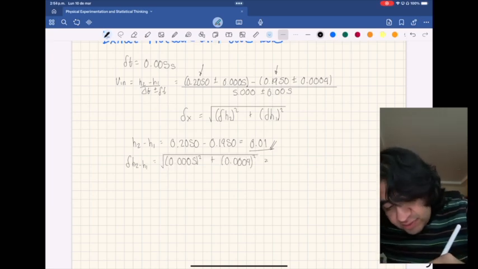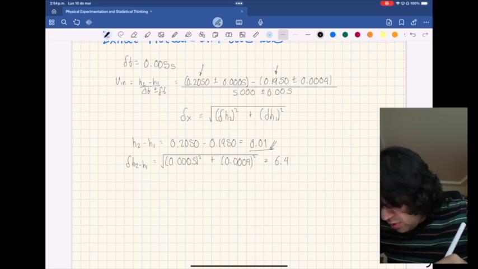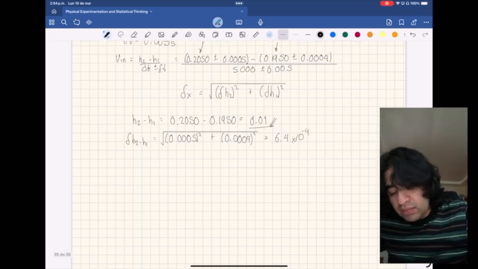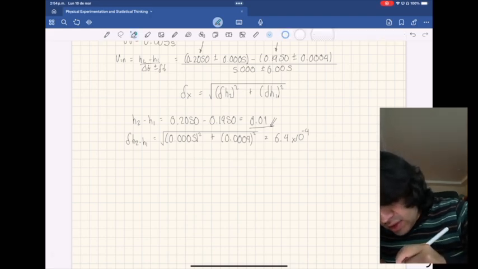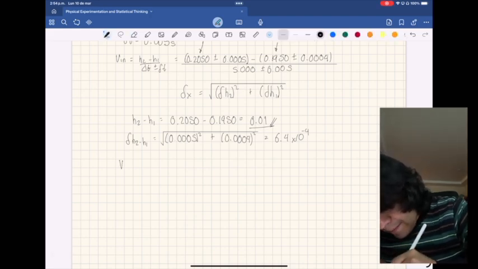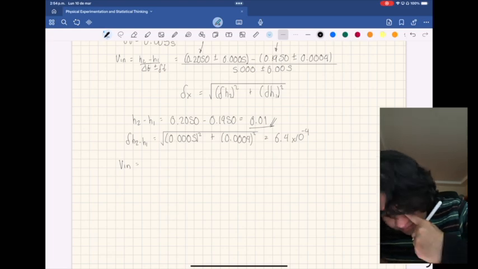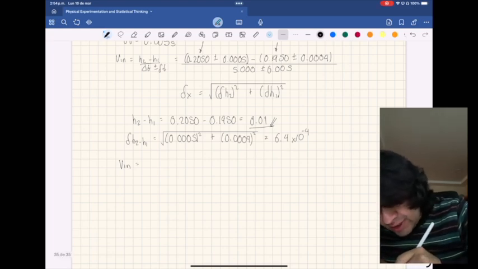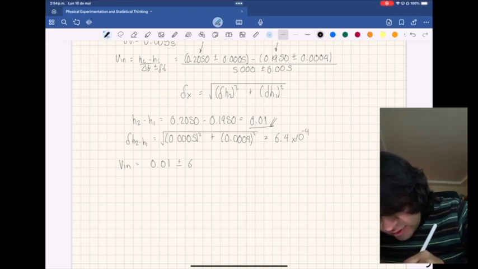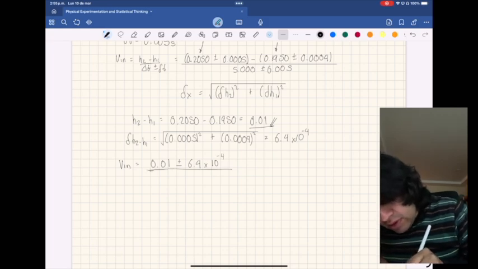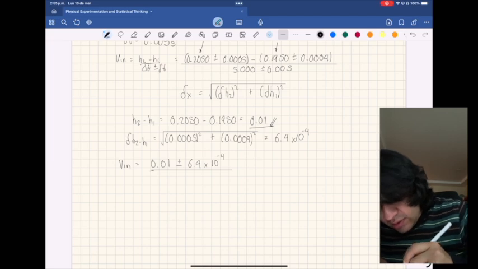The result is 6.4 times 10 to the power of 4, and the inlet velocity is rewritten as 0.01 plus minus 6.4 times 10 to the power of 4, and the rest remains the same.